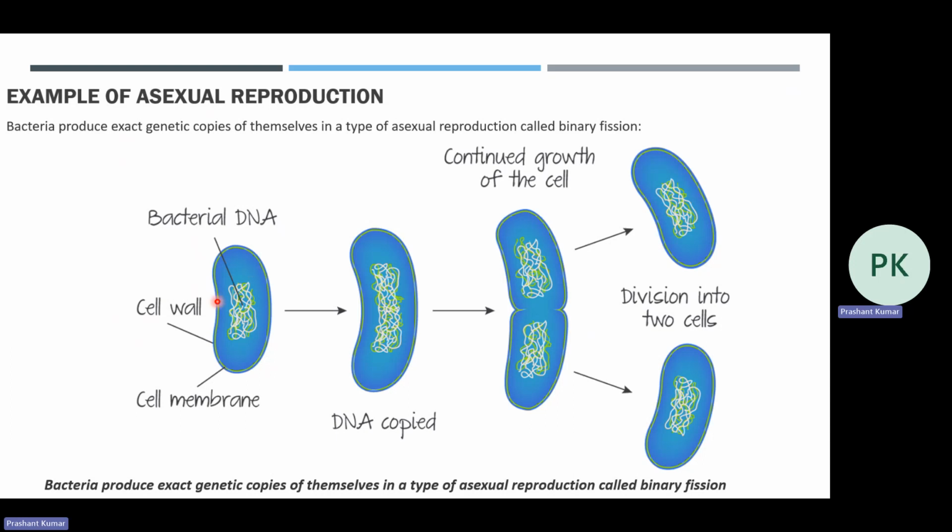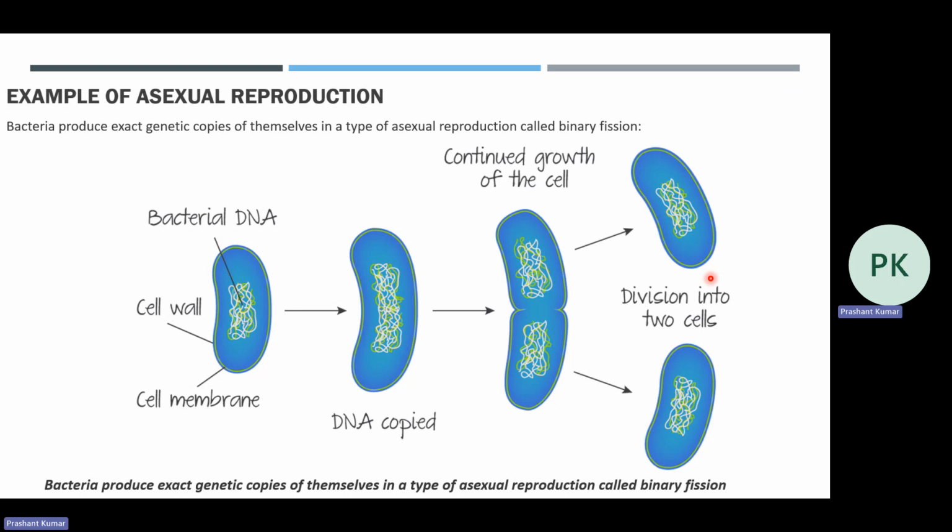This diagram shows how the bacterial cell divides by asexual method. This is the bacterial cell wall. Inside there is genetic material, and this is the cell membrane, the second yellow line. First the nuclear region is going to break into half, and once the genetic material is halved, the cell gets divided like this and we get two daughter cells.